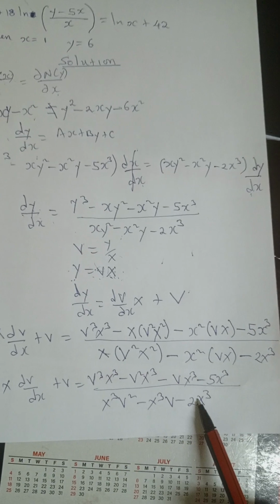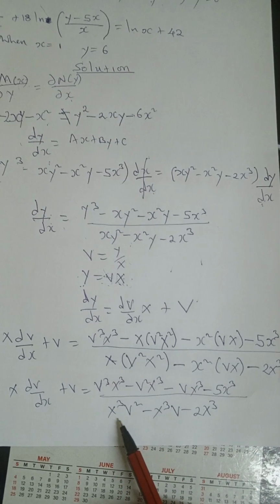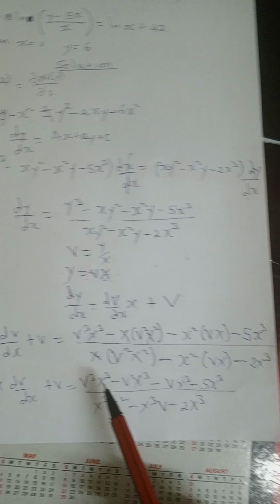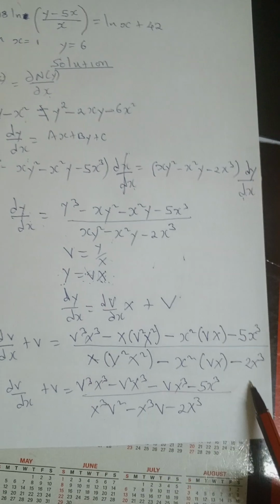Now from here we can identify that this term has x cubed, this term has x cubed, the same for this. It is the same situation for all of those.